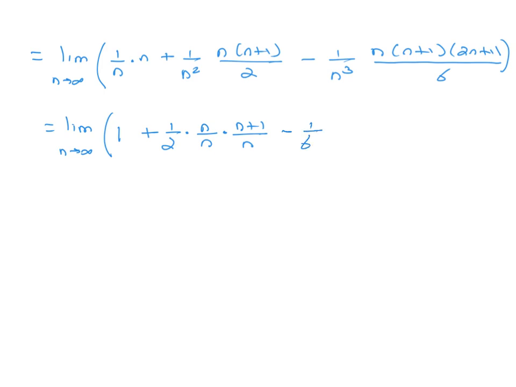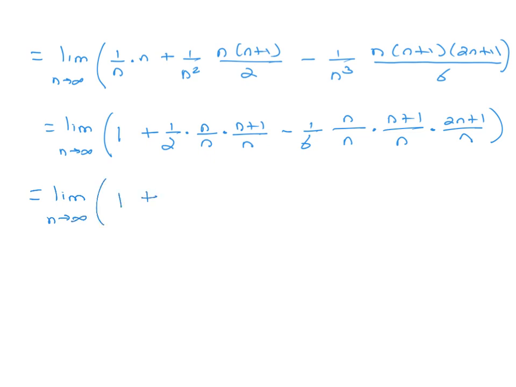I'll put the 1/6 first, and I'll put each the n plus 1 and 2n plus 1 over n, like this. Notice that we still have n cubed times 6, 6n cubed. And then in the numerator, we have n times n plus 1 times 2n plus 1. These are equal to 1, so I'll cancel them.